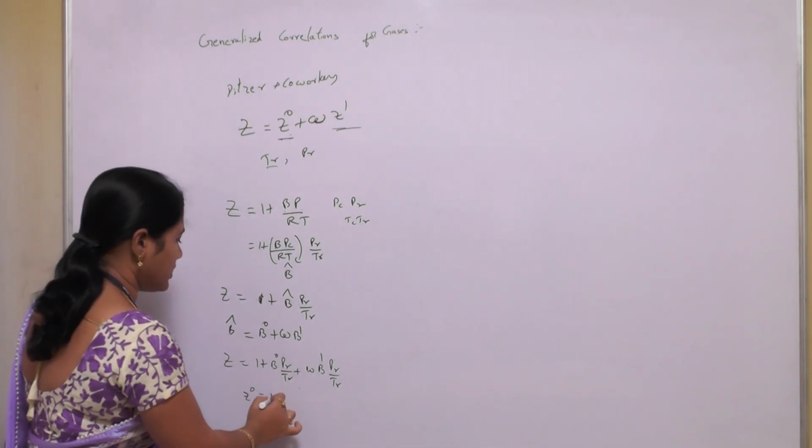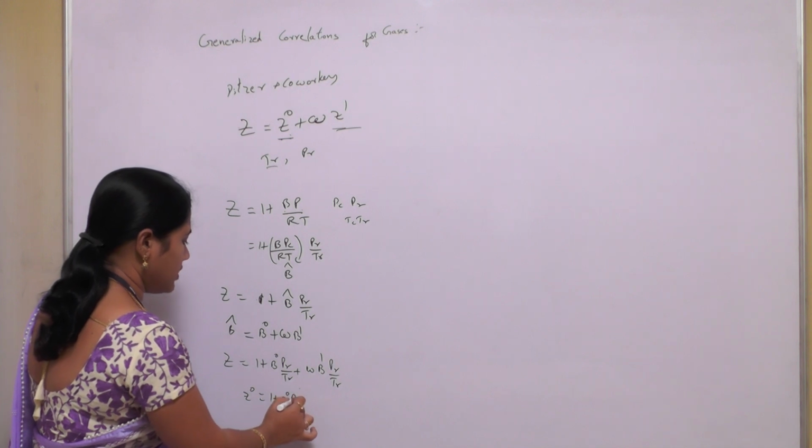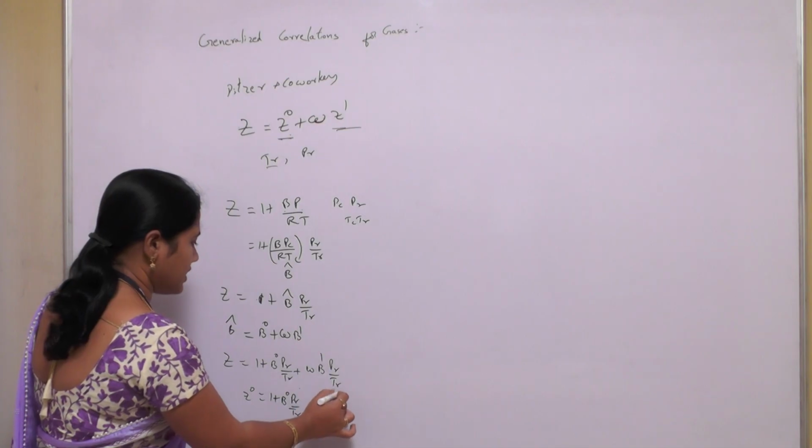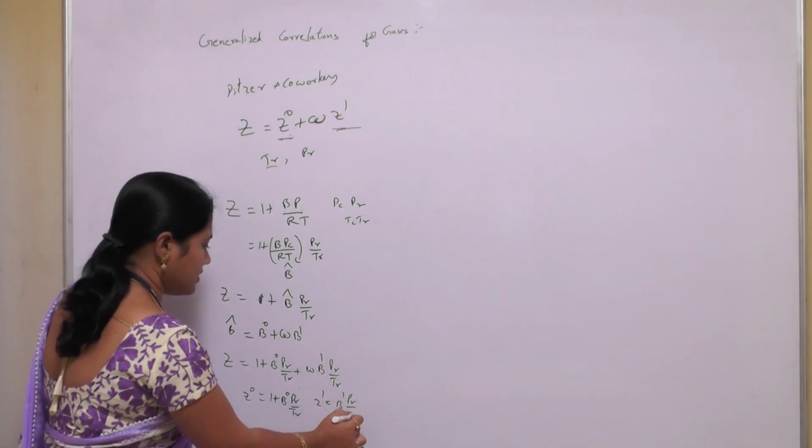Z0 equals 1 plus B0 PR by TR. Similarly, Z dash equals B dash PR by TR.